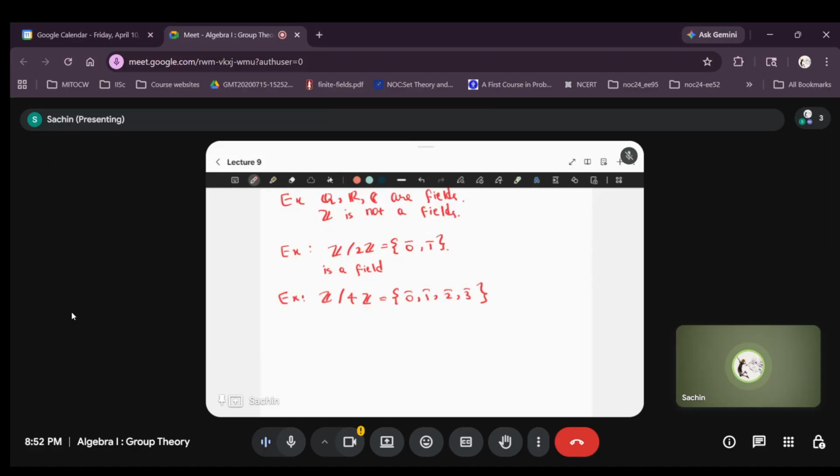I already said that they're all rings, so they're all groups also. We only have to check if all the non-zero elements are units, that is, they have a multiplicative inverse. Do all the non-zero elements here have a multiplicative inverse?